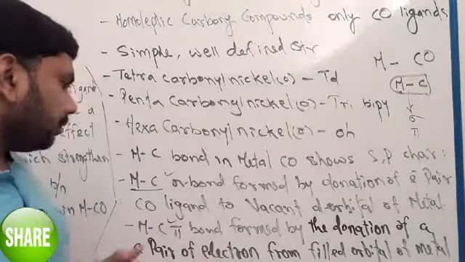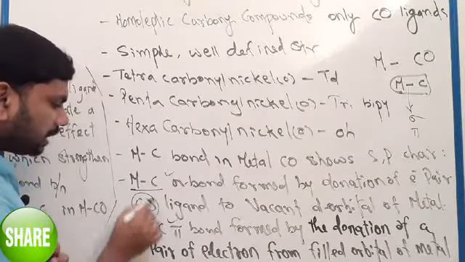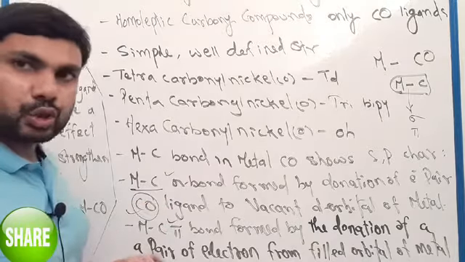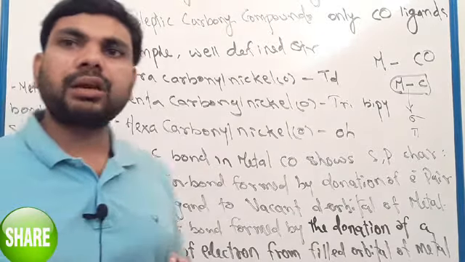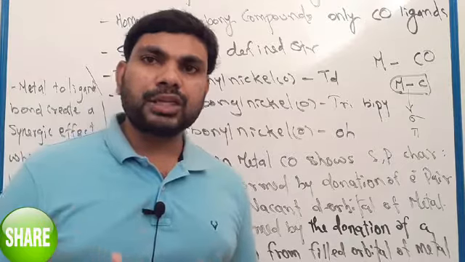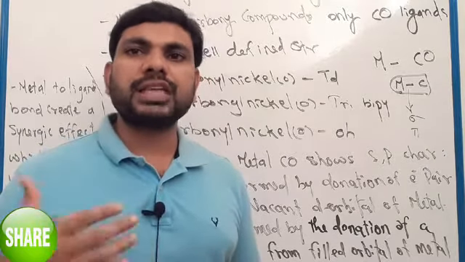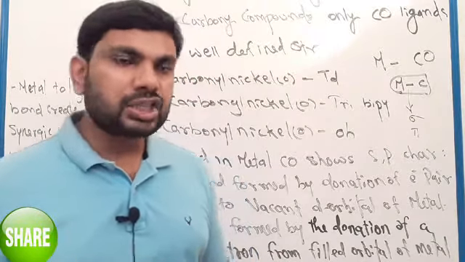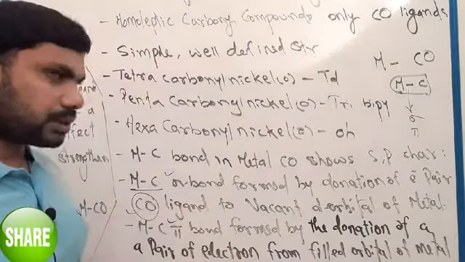We know CO is a ligand. This ligand donates an electron pair to a vacant d orbital of the central metal atom, and here a sigma bond is formed.